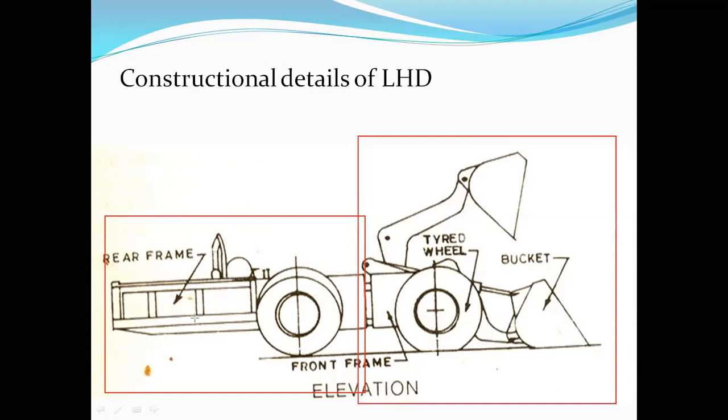So this is the rear frame and this is your front frame. The front frame consists of the bucket, and the rear frame contains the operating cabin and the counter load. These two are joined together by means of a joint. This joint is called an articulated joint, or flexible joint.